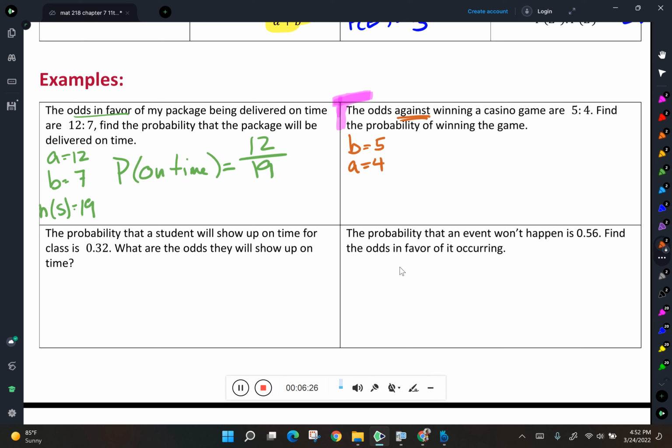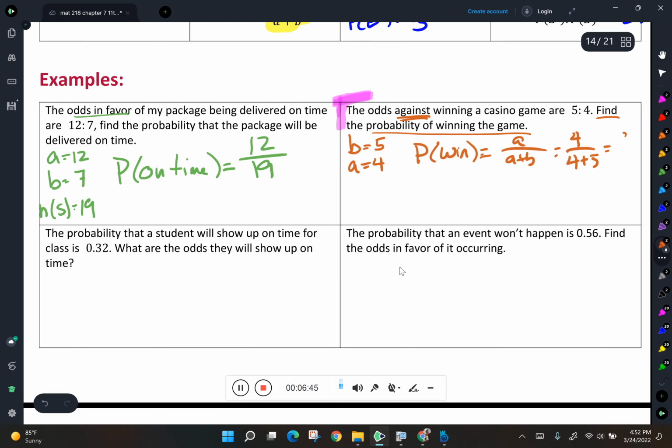But they want us to find not the probability of losing, but the probability of winning. Well, the probability of winning, when you're converting odds to probability, is always A over A plus B. So that's going to be 4 over 4 plus 5, or 4 ninths is going to be our probability.